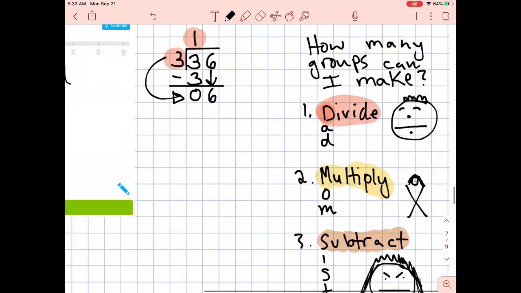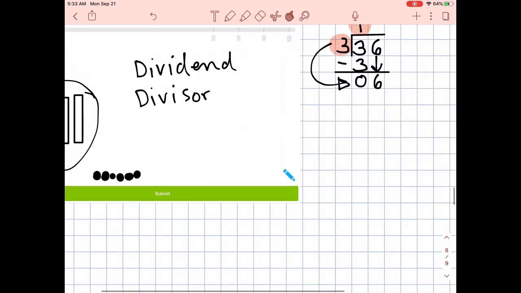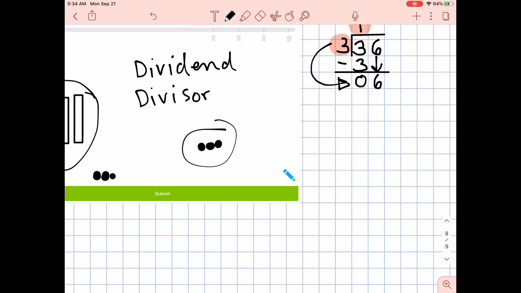So how many groups can I make? How many groups of 3 can I make with 6? So I'm going to go over here to my math problem from earlier, and I'm going to make one group of 3. All right, I made one group of 3, and I'm going to make another group of 3. Okay. How many groups did I make? I made 1, 2 groups of 3.